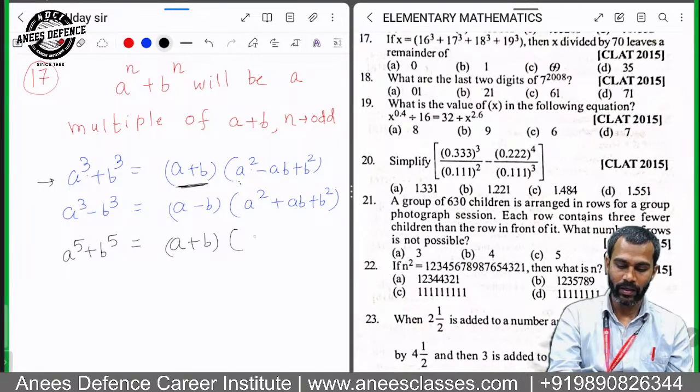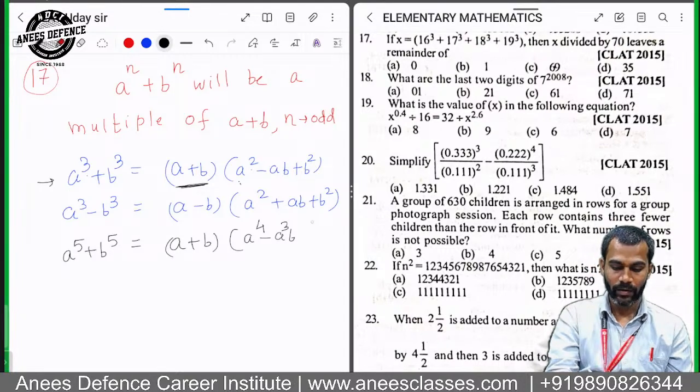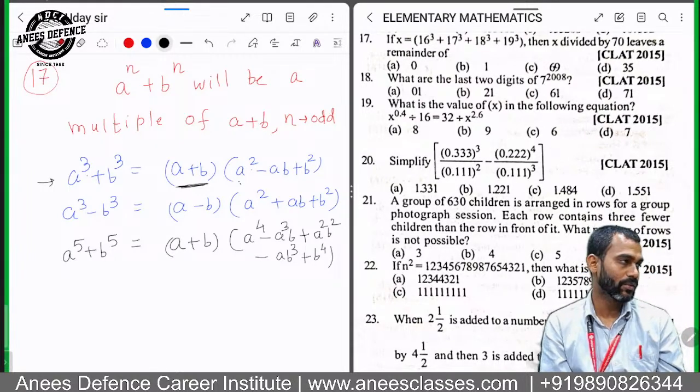So tell me, a raised to 4 minus a cube b. It will be plus. Alternate plus minus. First positive and then negative. Then tell me, plus a square b square. Very good. Minus ab cube. And plus b raised to 4. Now, if you simplify this, you'll get a raised to 5 plus b raised to 5.